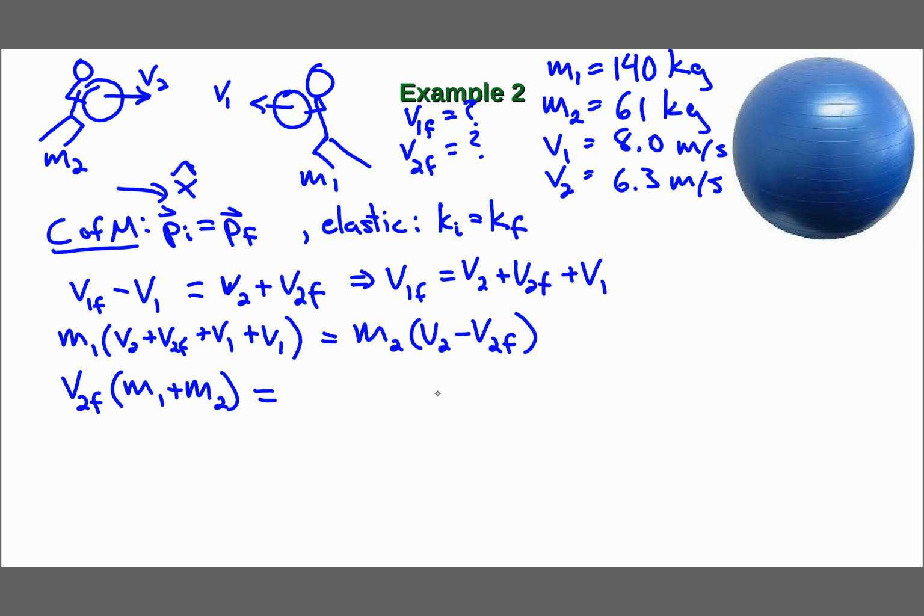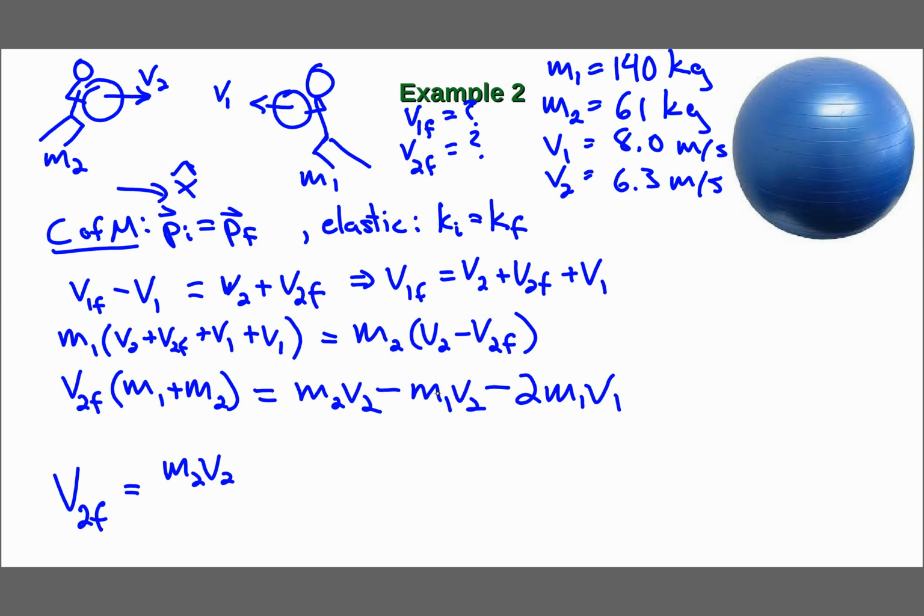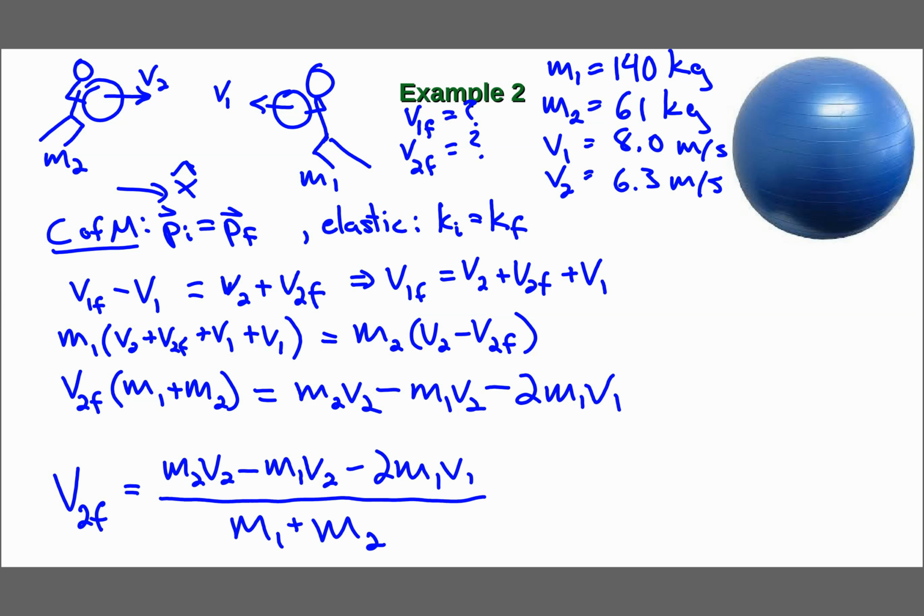Okay? That's equal to m2 v2 minus, oops, not a v, an m, m1 v2 minus 2 m1 v1. Okay? And that tells me that v2f equals m2 v2 minus m1 v2 minus 2 m1 v1 over m1 plus m2.